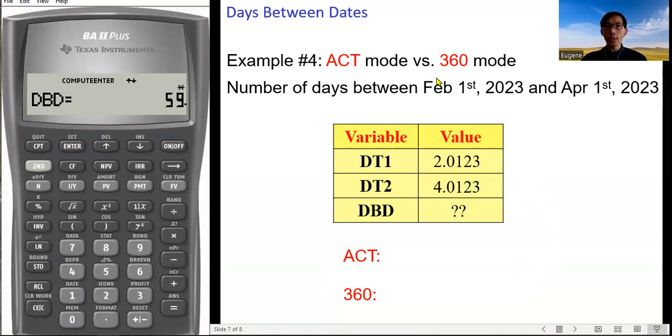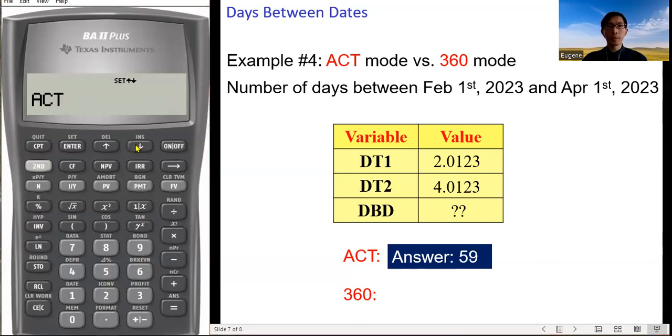There are altogether 28 days in February 2023 and 31 days in March 2023. 28 plus 31, we get 59. And then using the 360 method of counting, we press second and then set to change the day count method from ACT to 360.